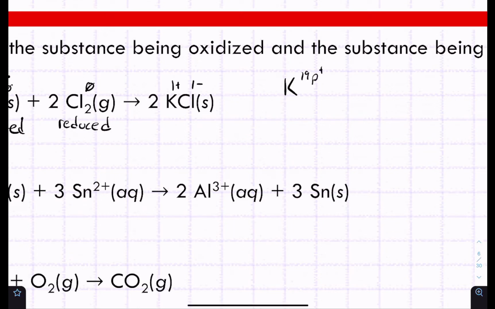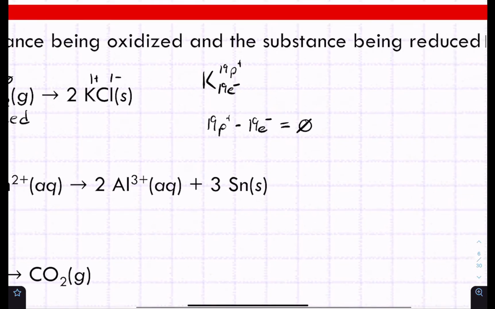And for neutral potassium, how many electrons does it have? 19, the same. Protons have a +1 charge and every electron has a 1- charge, so if you have the same number of each, you end up with 0. 19 protons minus 19 electrons equals 0. That's why neutral potassium has a 0 charge.